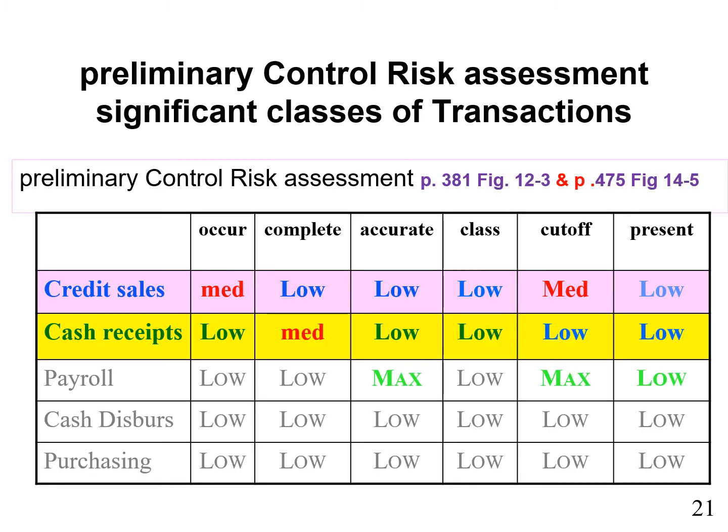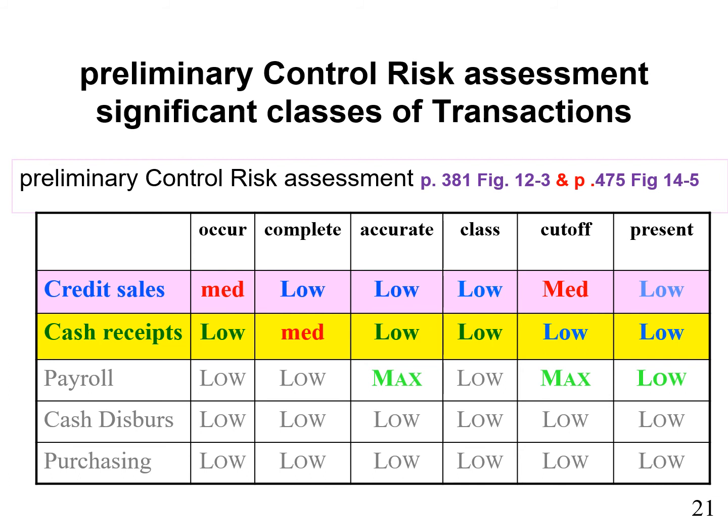So this table, as we look across, there's my 6 assertions across the top: occurrence, completeness, accuracy, classification, cutoff, presentation. There they are. And let's pretend we have 5 significant classes of transactions. Now let's get real. That'd be kind of a minimum, wouldn't it?